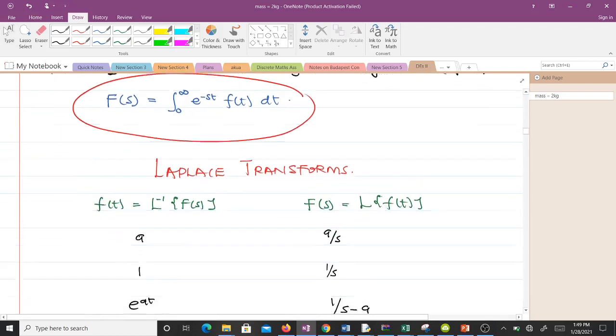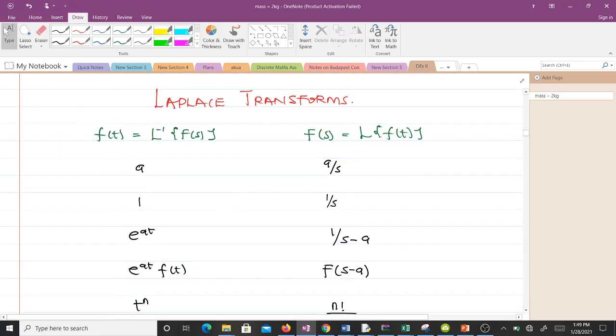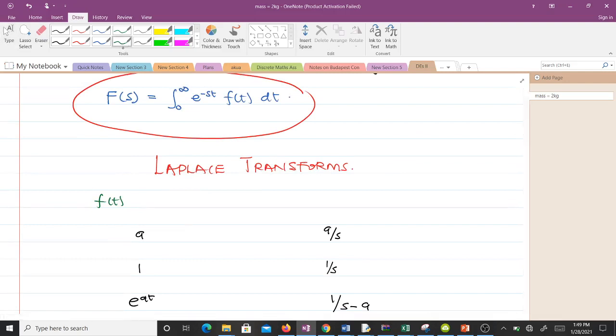So let's go through the Laplace of certain functions. We have a function here, f of t, and this here happens to be the Laplace of it.